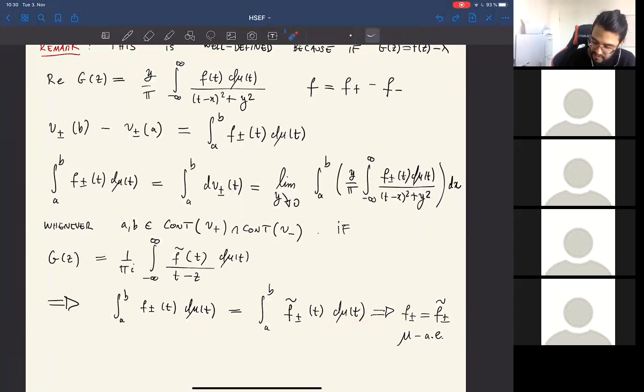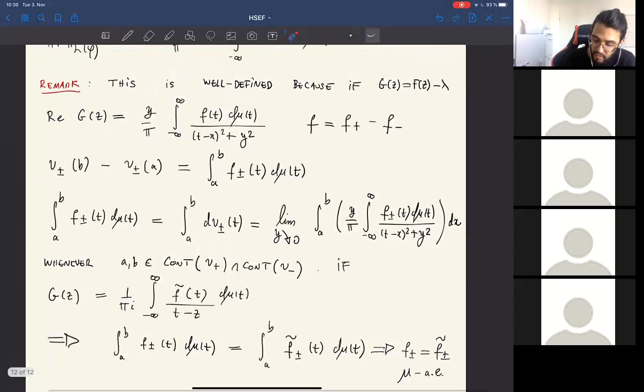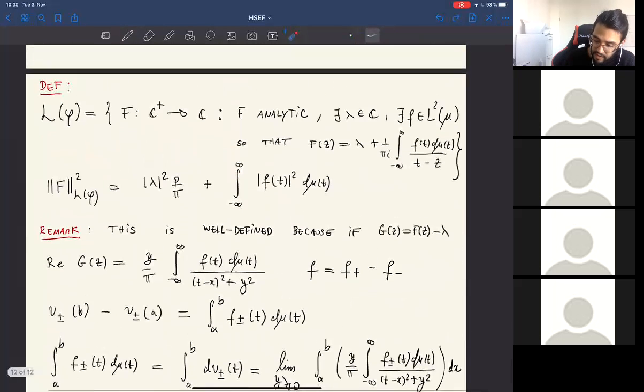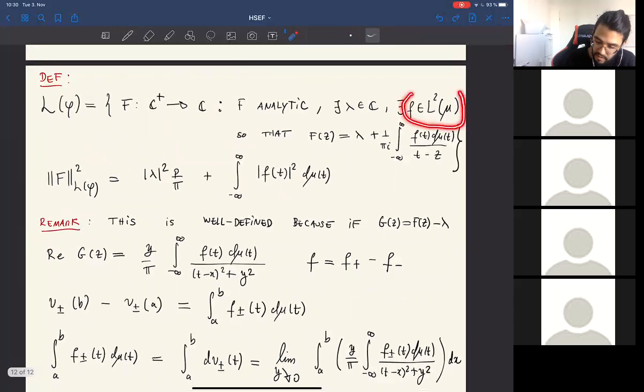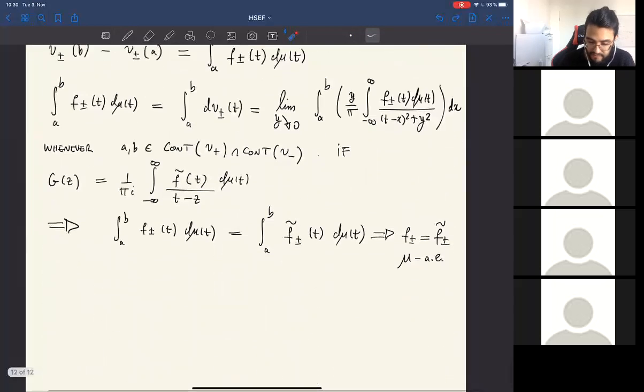So the best we can ask is that they are equal mu almost everywhere, but that's enough, because then they will be equal as functions on L2, and that's how we define the space, okay? So the representation is unique, at least for the f. Then you can ask, well, maybe the lambda is different, but the lambda is uniquely defined in terms of f.